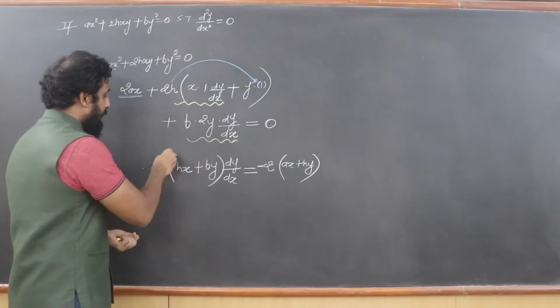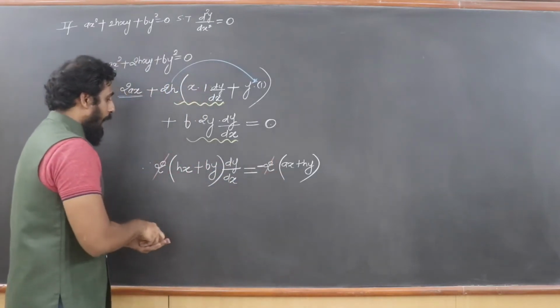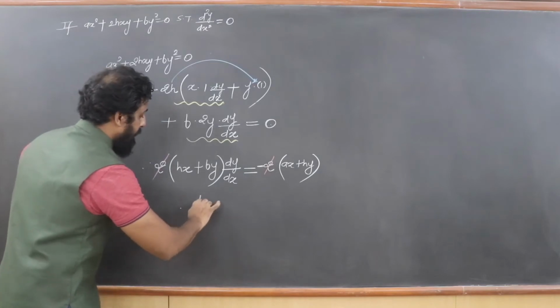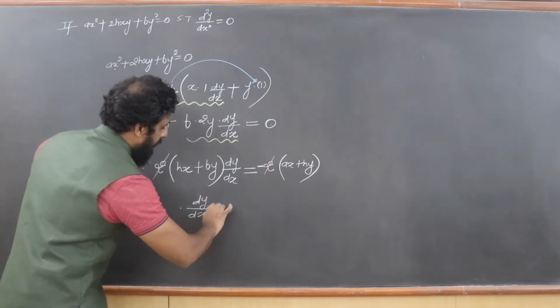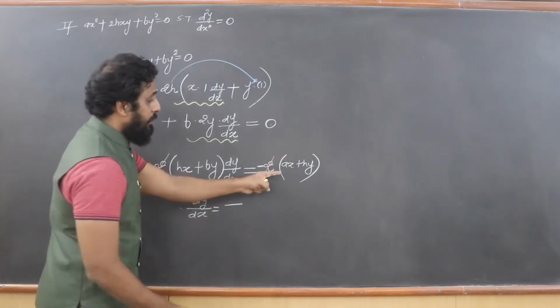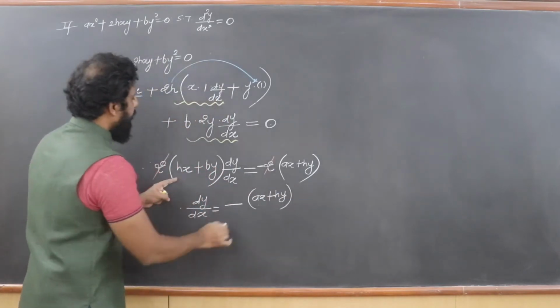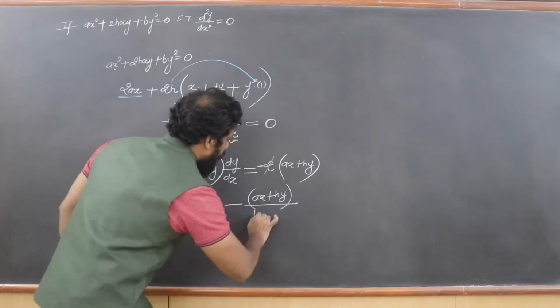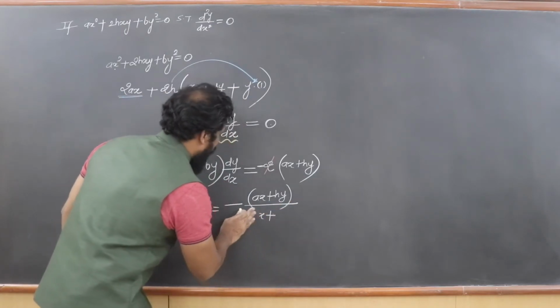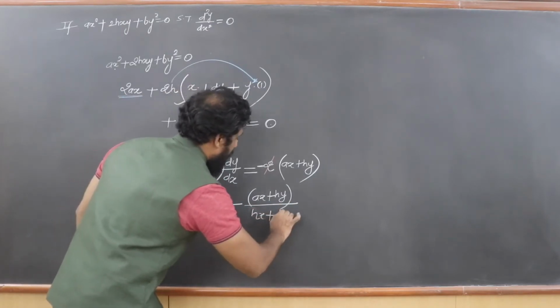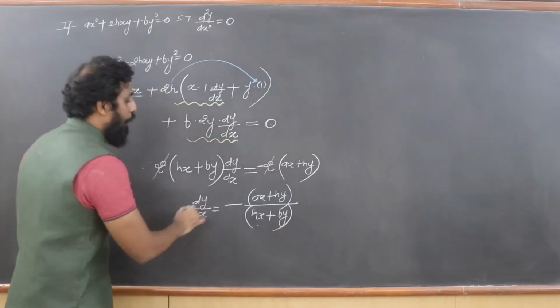So from here I can cancel the 2 and the 2, and what do I get dy by dx as? So dy by dx I've got a negative sign, then there is ax plus hy that will be present in the numerator, and this hx plus by is going to go in the denominator.